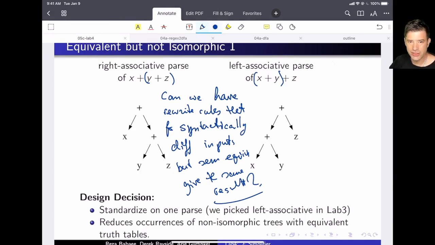Once you compute the addition function, it's the same left and right, but syntactically they're different. The brackets are in a different place. And so I'm asking, can we have rewrite rules so that we don't have to worry about this? So that no matter how syntactically different the expressions are, as long as they're semantically the same, once we apply our rules, we're going to get exactly the same answer.